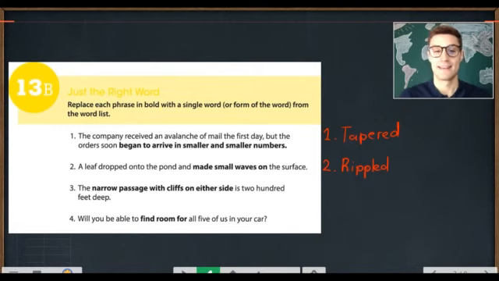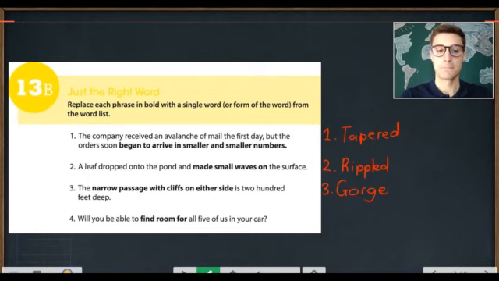Rippled. Number 3. The narrow passage with cliffs on either side is 200 feet deep. So which word can replace the phrase narrow passage with cliffs on either side? Gorge. The gorge is 200 feet deep.